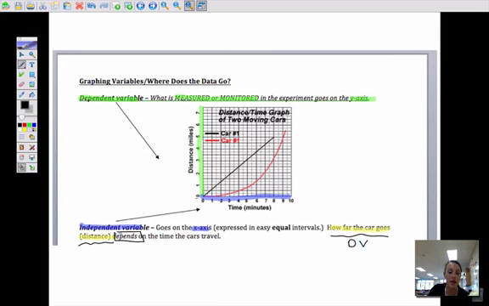That depends on the time the cars travel, which is then our independent variable. In a lot of experiments we're going to do this semester, time will often be our independent variable because we're going to do things over time.